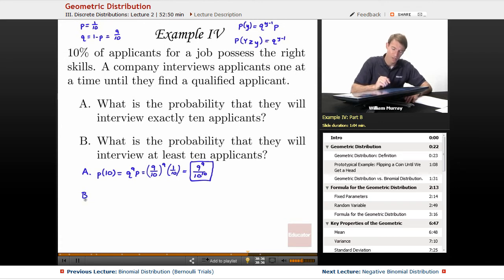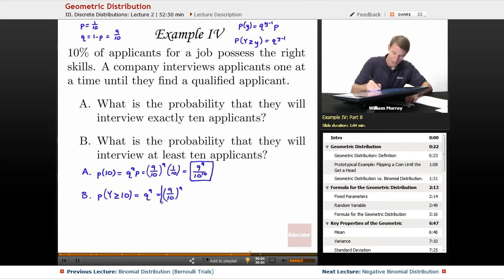Now, let's find the probability that they will interview at least 10 applicants. So that's the probability that y is greater than or equal to 10. Y is the number of people that we interview. And so using our formula up here, the Q to the y minus 1, so that's Q to the 9th, which is 9/10 to the 9th power.